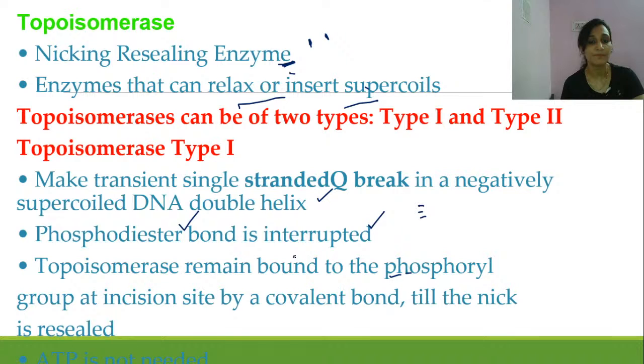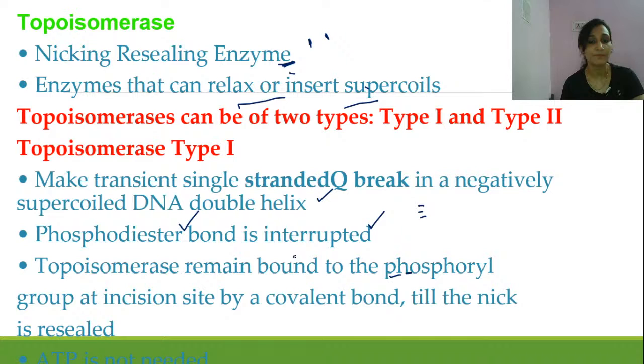In type 1A, the tyrosine residue of the topoisomerase is bound to the 5' phosphoryl group of the nucleotide, and in type 1B the tyrosine residue is bound with the 3' phosphoryl. In both cases, remember, tyrosine is the amino acid which will be bound to the phosphoryl group, but in type 1A it is bound to the 5' end, and in type 1B it is bound to the 3' end.